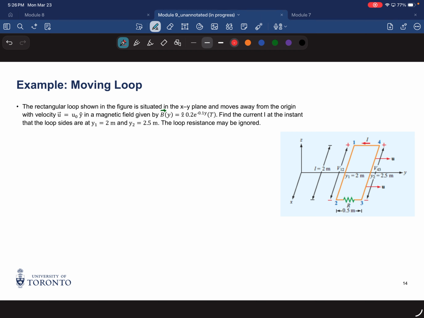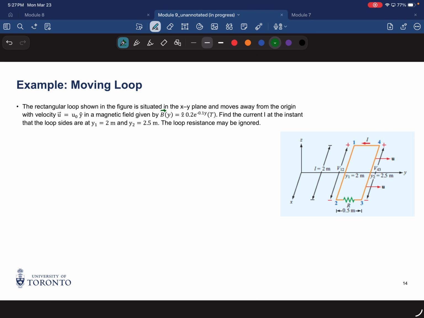And the magnetic field is static. It's not changing by time, but it is changing by space. It says B is in the z hat direction, but the amplitude is changing with y.